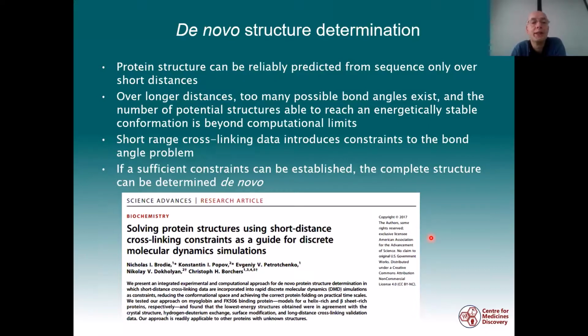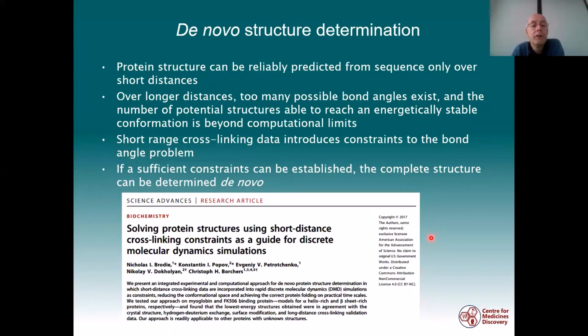You can predict it quite reliably over short distances. The problem is, over longer distances, there are just far too many bond angles, and the computational problem is too vast. So currently it is not possible to predict the structure of a protein just from its linear sequence.